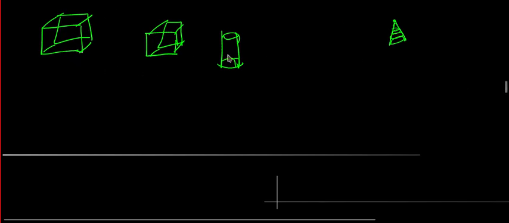So in the case of these three solids, the volume will be base area into height. So what is the volume of the cuboid? Means, what is the base area? Each and every face is made up of a rectangle if we take a cuboid. So this is a rectangle.